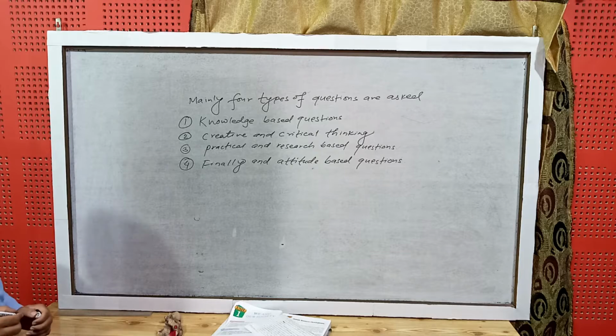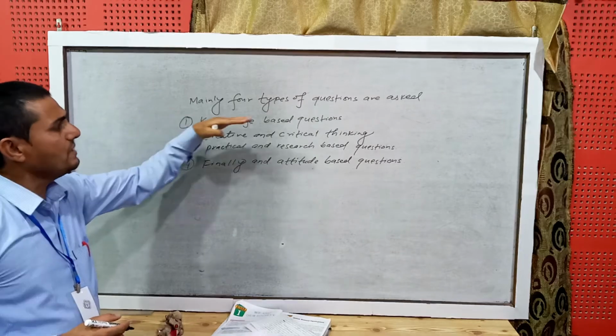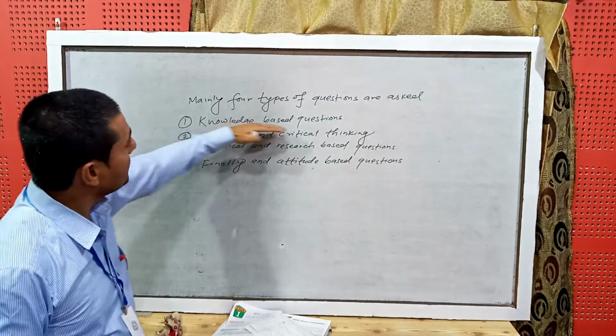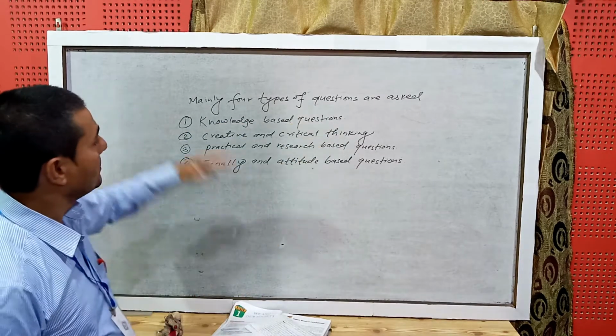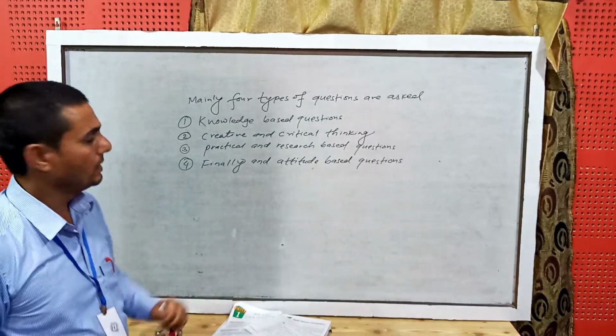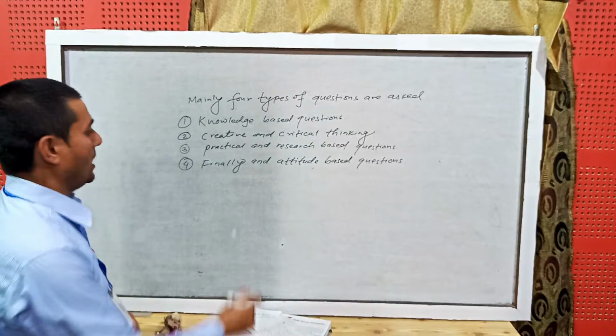Okay, dear students, let me repeat once more. Mainly 4 types of questions are asked in the examination. Knowledge-based questions. Similarly, creative and critical thinking-based questions. Practical and resource-based questions.